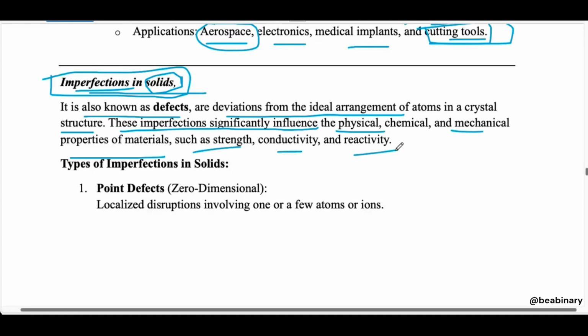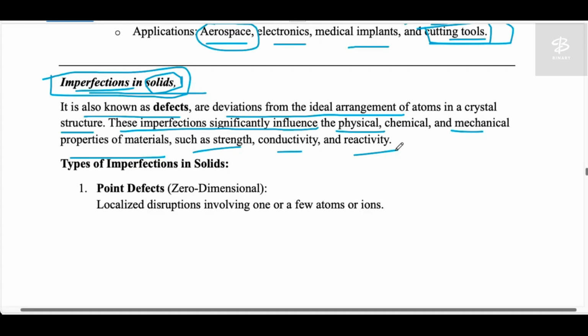Now think about the packing efficiency. Take the example of FCC, the face-centered cubic cell. Face-centered means half of an atom is present at each face of the cube, and the eight corners each contribute a part of an atom.